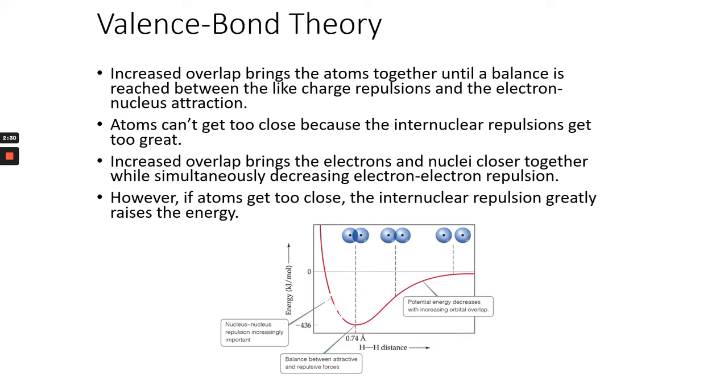And that's why you see this great increase in energy here. Increased overlap brings the electrons and nuclei closer together while simultaneously decreasing the electron-electron repulsions. And then again, however, if the atoms get too close, the internuclear or proton repulsions greatly raise the energy. That is, in a nutshell, how a covalent bond is formed.